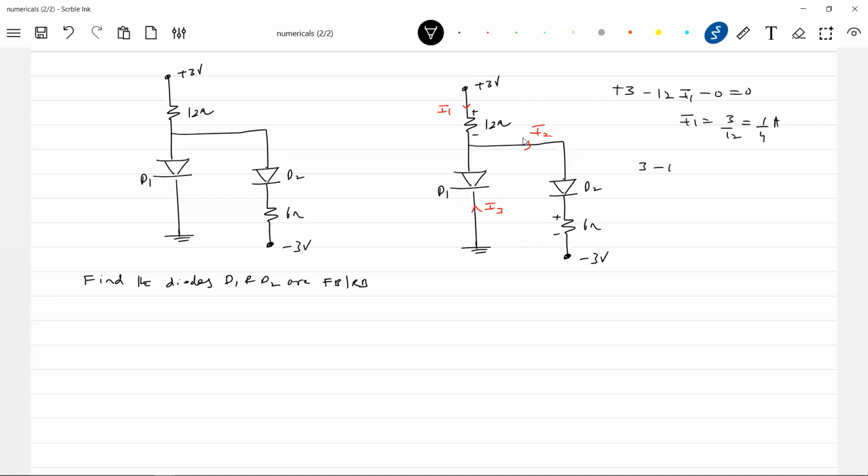So this will be 3 minus 12 I1 minus 6 I2 minus of minus 3 equal to 0. So 3 minus 12 I1, and 12 I1 is equal to 3, no? So I2 equals 1 by 2 ampere.